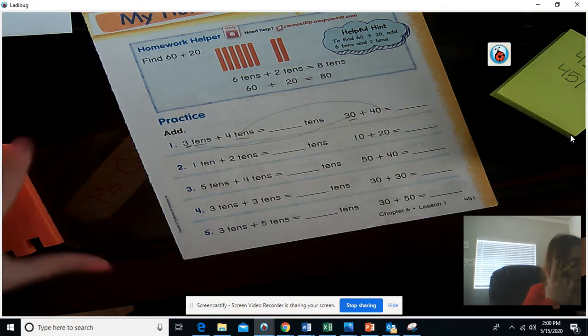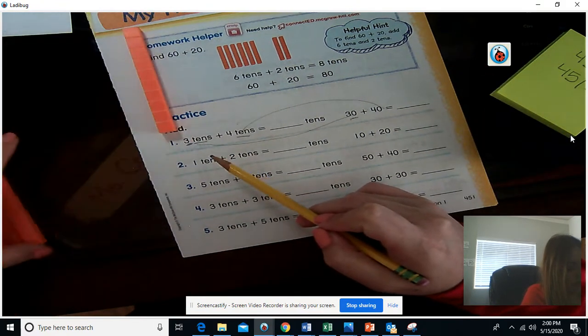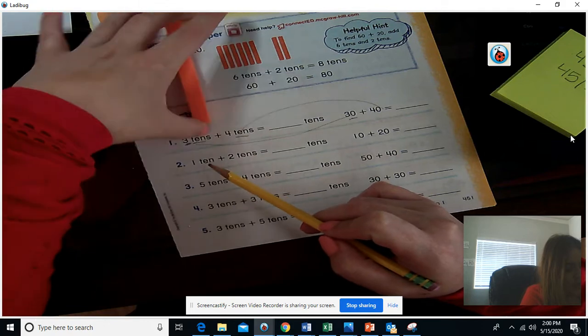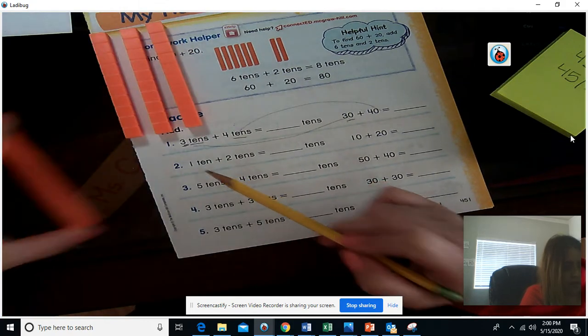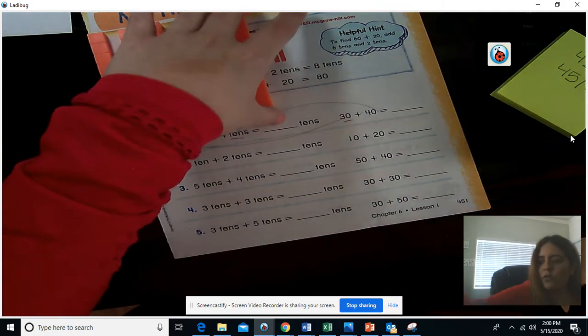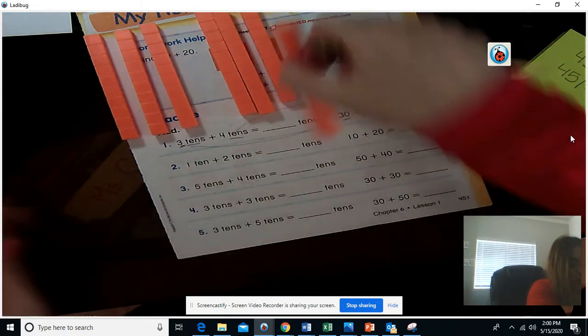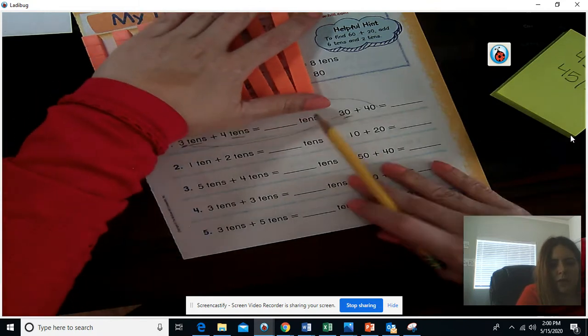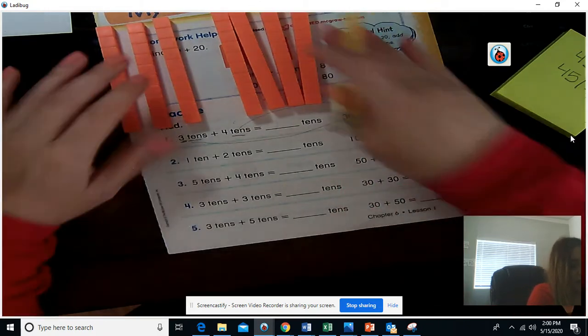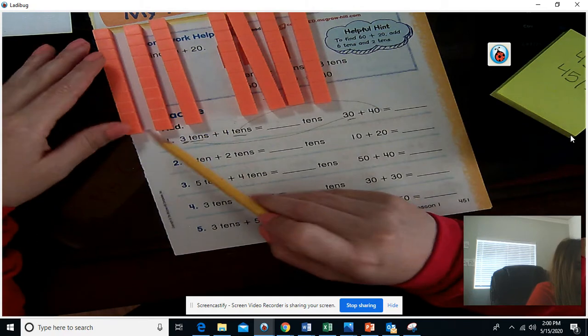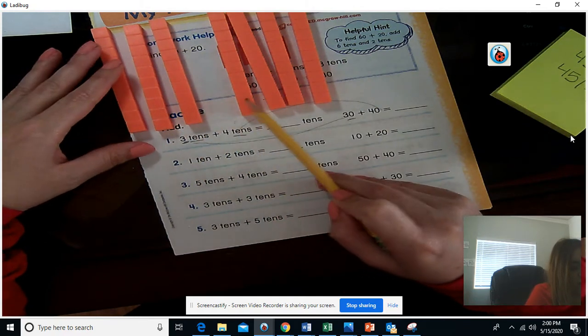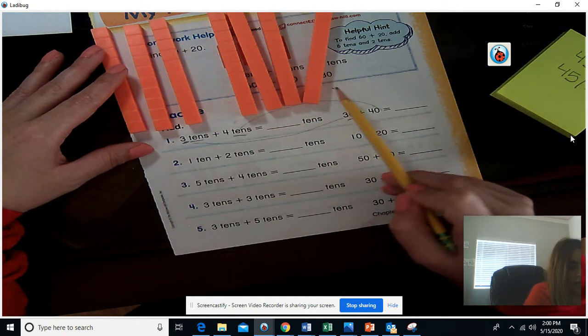Okay, let's get started. So 3 tens, 1, 2, 3, plus 4 tens, 1, 2, 3, 4. How many tens do we have? How many groups of 10? We have 1, 2, 3, 4, 5, 6, 7.